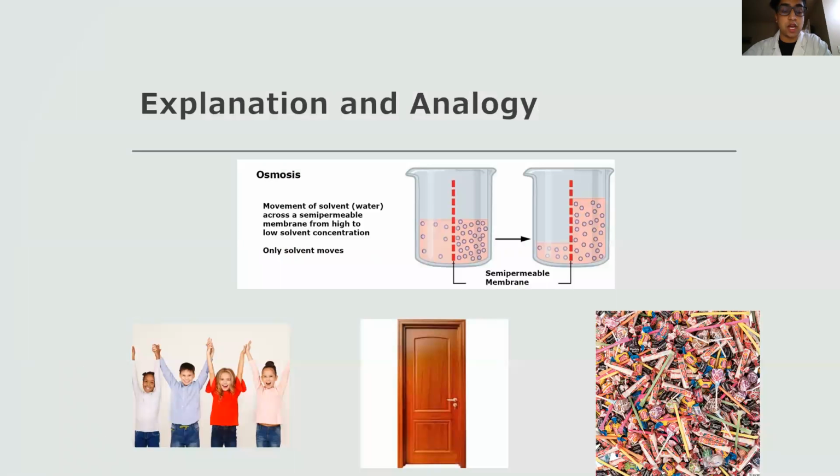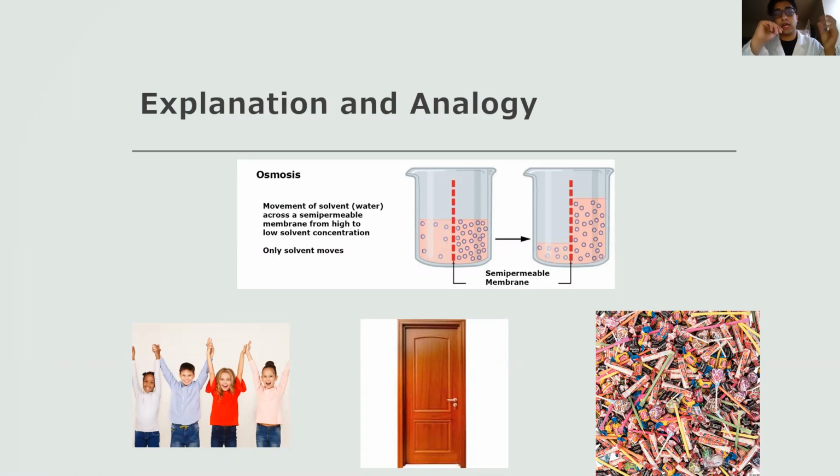Okay, so now we can move on to an analogy that I think of when I want to remember osmosis in a different way. Consider a room, or consider you with a couple of your friends in this area where you have a semi-permeable membrane as a door.